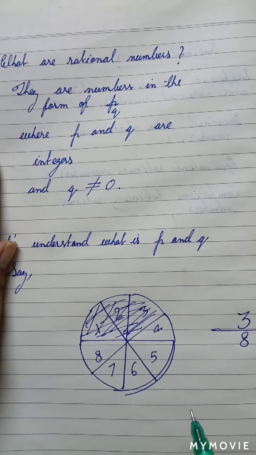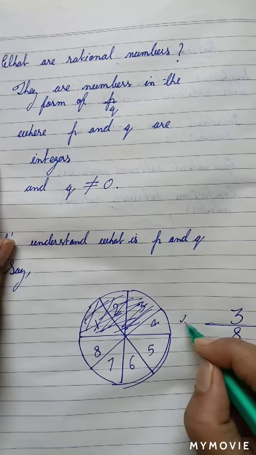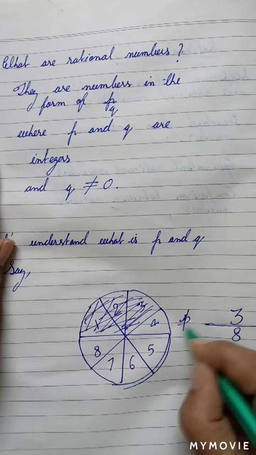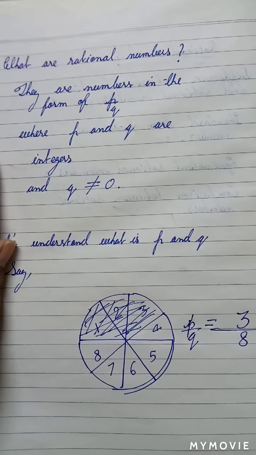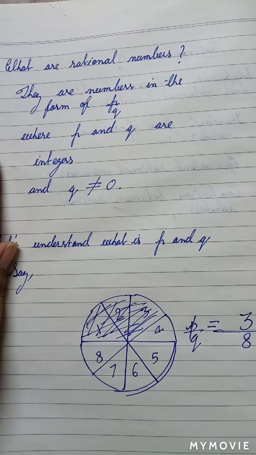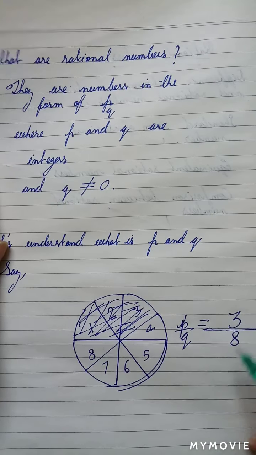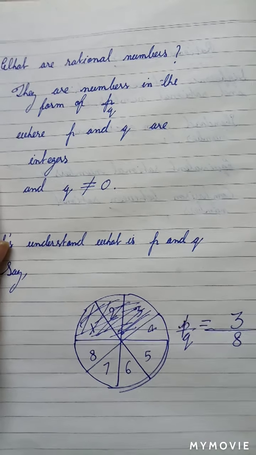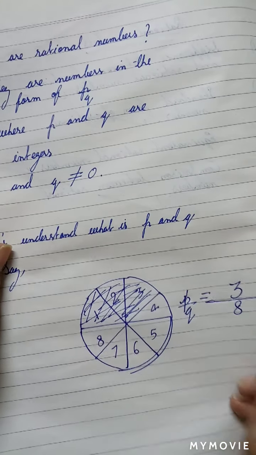It shows the number of equal parts in the collection. So if we represent it in the form of p by q, we have p as the numerator and q as the denominator. In this case, p is equal to 3 and q is equal to 8. So the rational number is 3 by 8.